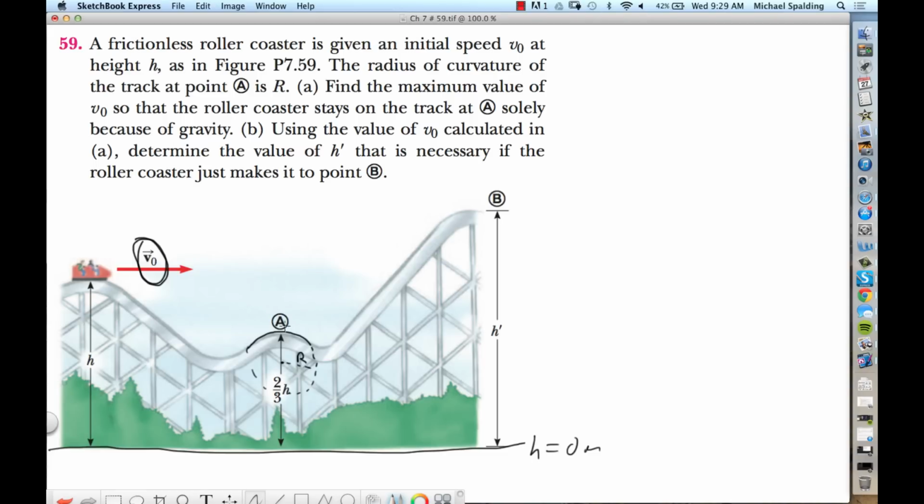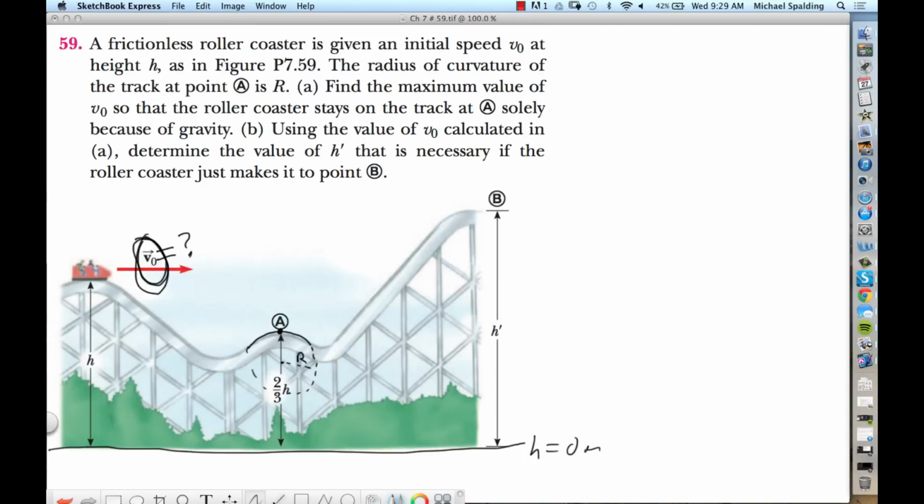Because what happens if the car is going too fast at point A? It's going to catch some air. It'll leave the track. So we're solving for this velocity. What is the maximum velocity here so that the car stays on the track there?